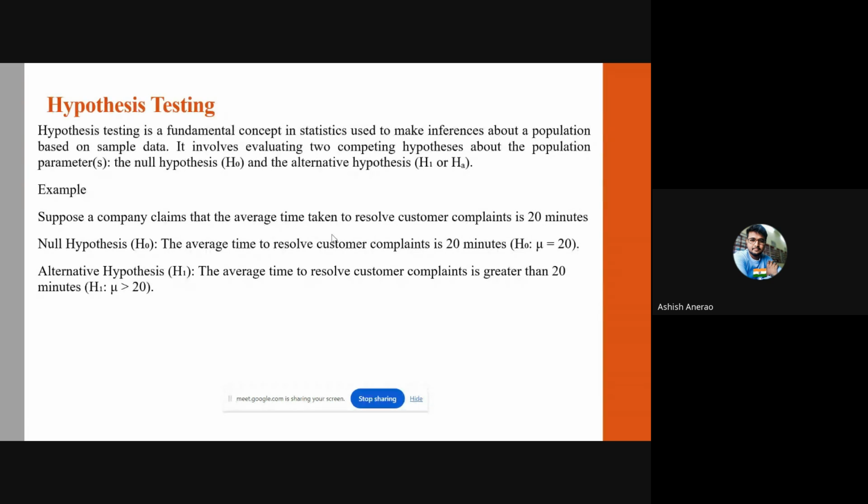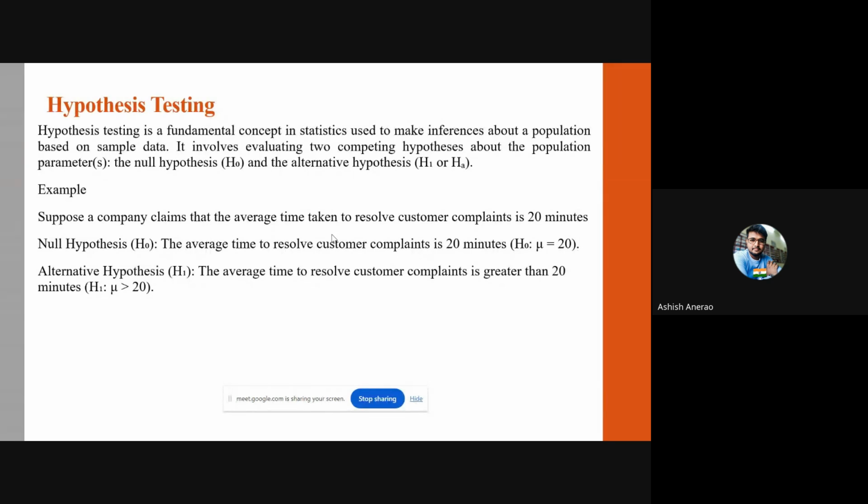So what we do, we take a few samples of those biscuit packets and measure the weight, and after measuring we get some mean, like 58 grams, and we get some standard deviation value also. So on the basis of that value, we interpret whether the weight of that biscuit packet is exactly 60 grams or not.